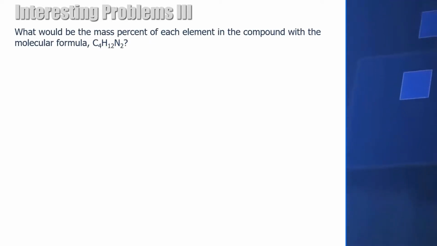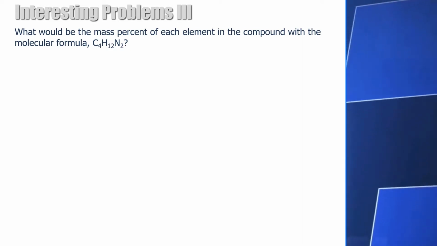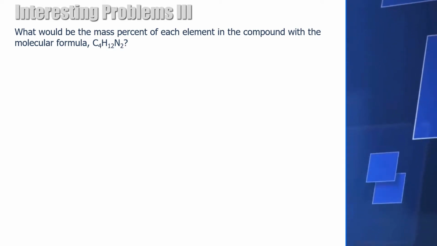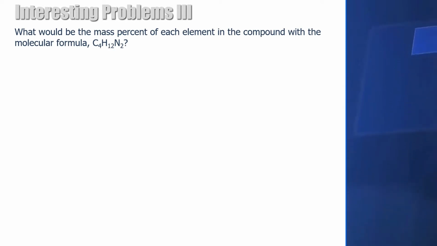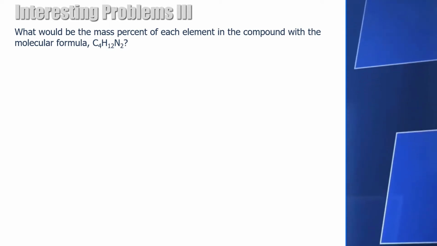Let's do one more problem. What would be the mass percent of each element in the compound with the molecular formula C4H12N2? The percentage calculation described on this slide is a common one conducted by chemists when they synthesize a new compound.